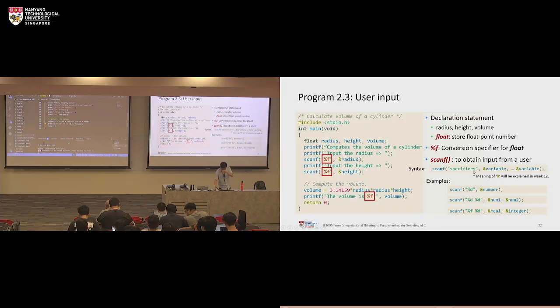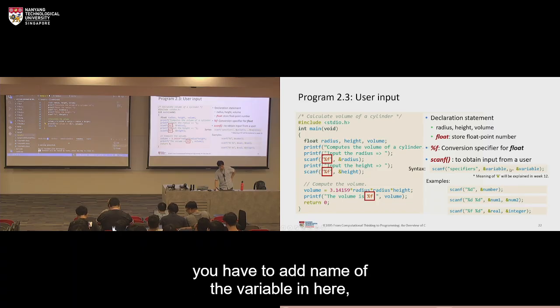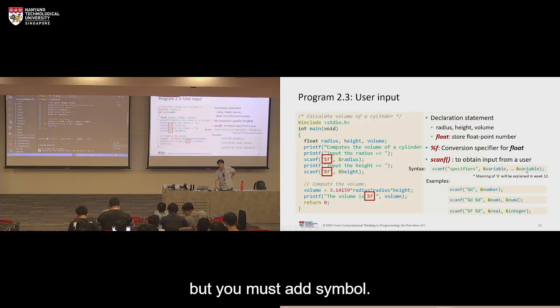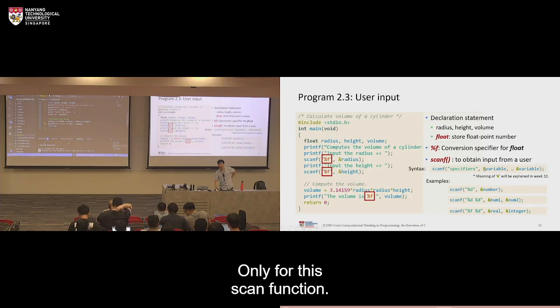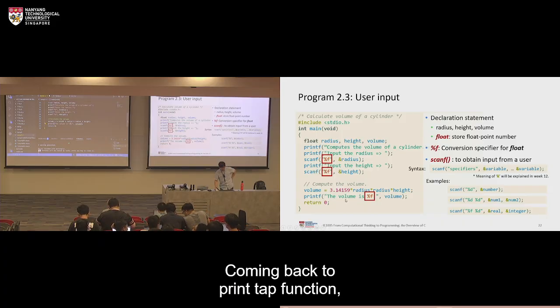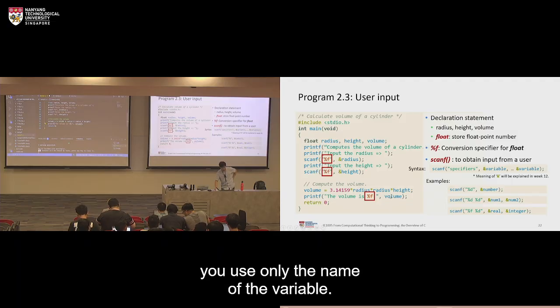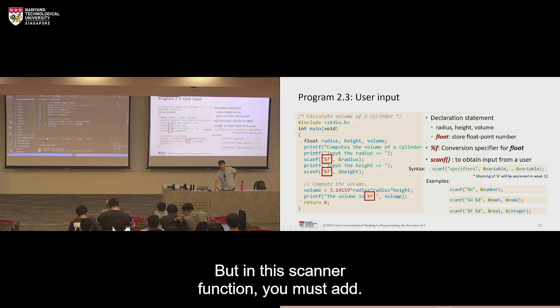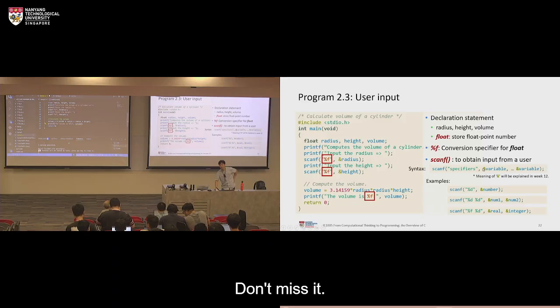And notice that, in addition to a missing semicolon, this is a very frequent mistake. When you use scanf, you have to add the name of the variable in here, but you must add the AND symbol only for this scanf function. Coming back to the printf function, you use only the name of the variable, but in the scanf function, you must add AND.